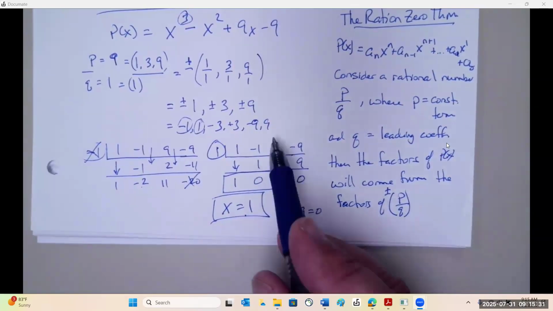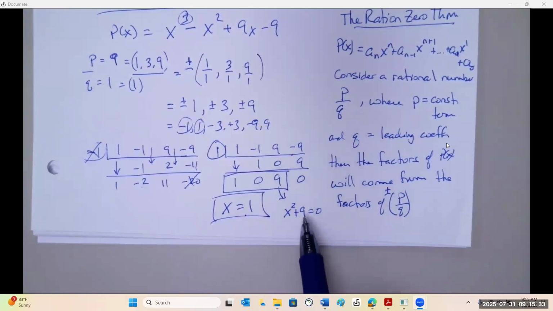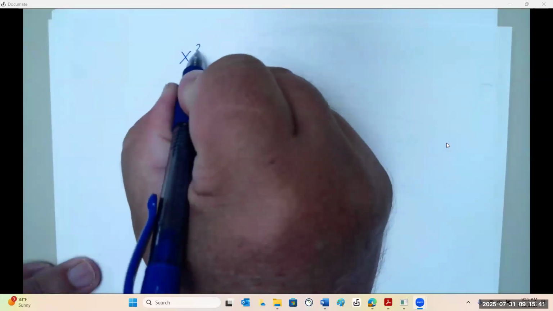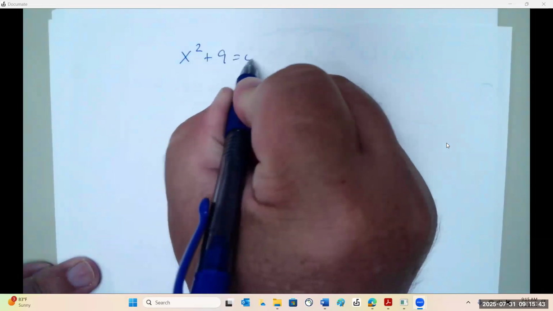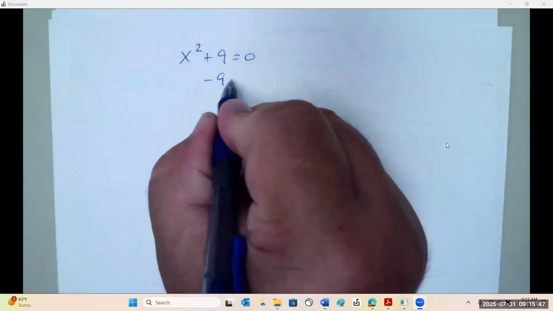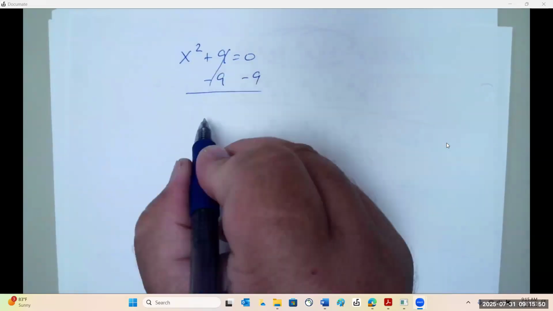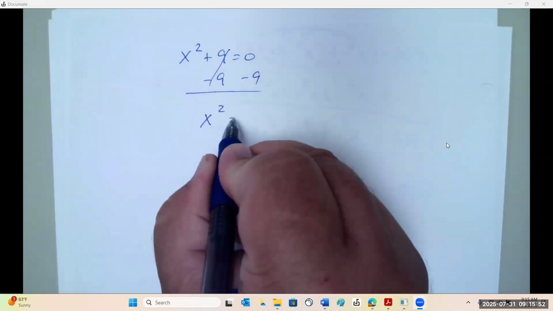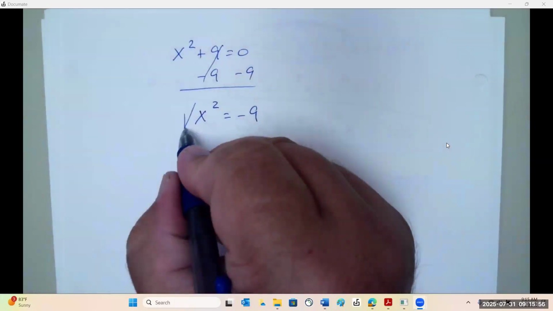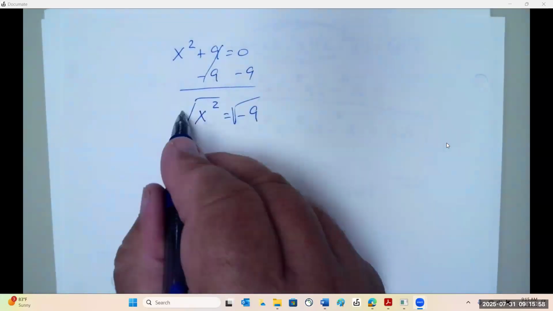Do we have to keep on doing synthetic division, or can we use another method at this point? Well, since it only has 2 terms, x squared plus 9, we can use the square root method. Subtract 9 from both sides. We have x squared equals -9. Square root both sides.